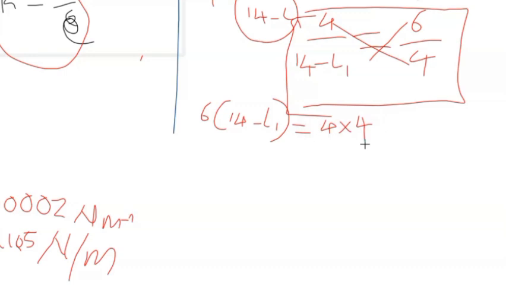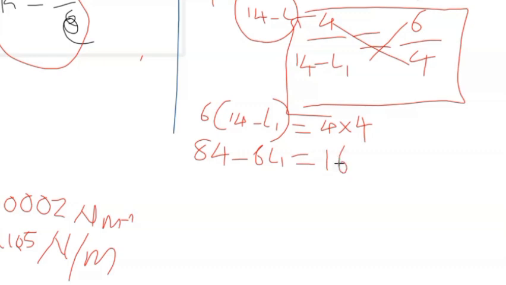All right. So opening this bracket, what am I going to have if I multiply 6 times 14? This should give me 84. Yes, I will have 84, and 6 times minus L1, I have minus 6L1, in this order, equal to 16. All right.